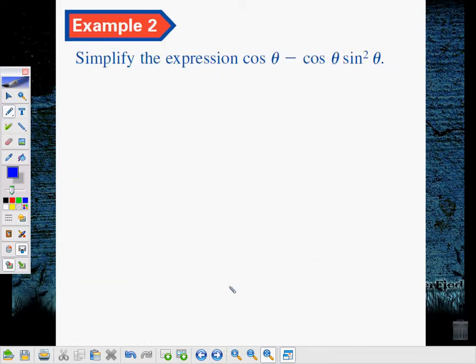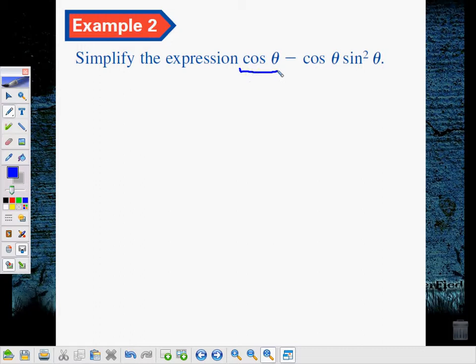All right. Example 2, this is another thing that we can do with all these identities, is simplify expressions. So when I'm simplifying an expression, I want to get it down to the least number of terms and the least number of functions. This expression here has 2 terms.